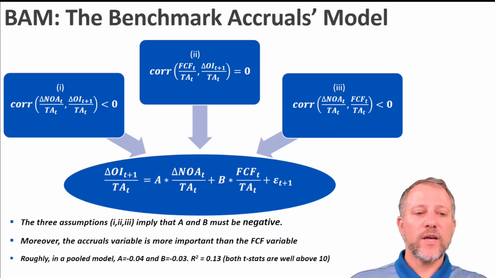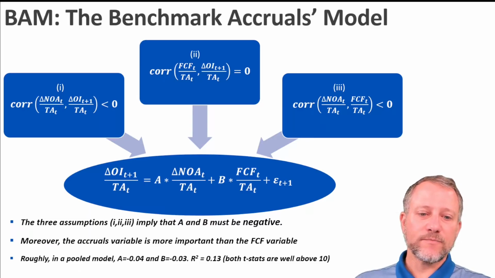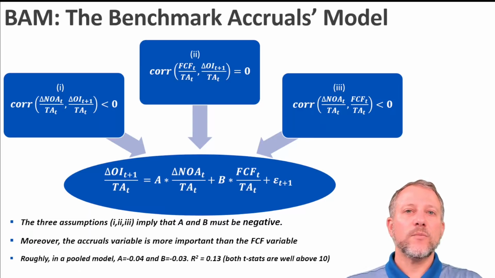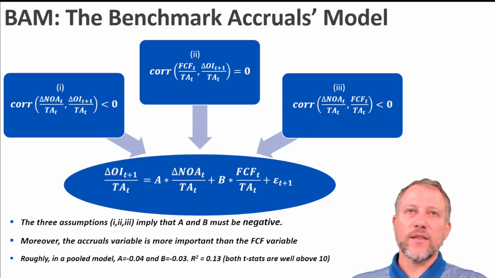And so we ran this regression model year over year, and we found, consistent with this framework, negative coefficients on both components of earnings with a slightly larger association on accruals than free cash flows. Now, translating this a little bit into English, one way to think through this is, okay, what does it mean if I see both large increases in NOA and also positive free cash flows?